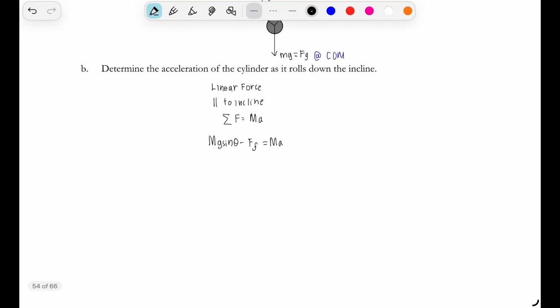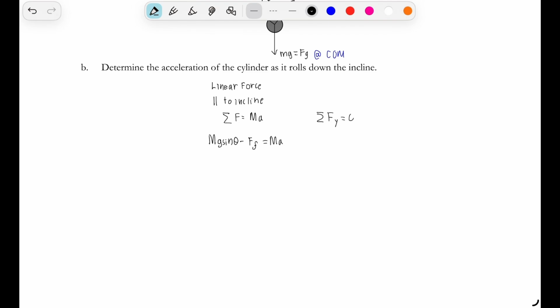We know that the summation of our vertical forces equals 0 because there is no acceleration in the y direction. And the summation of forces in the x direction is not 0, because the acceleration is changing, and we need to find it.